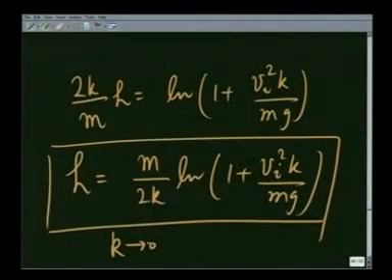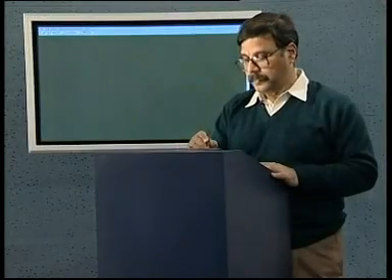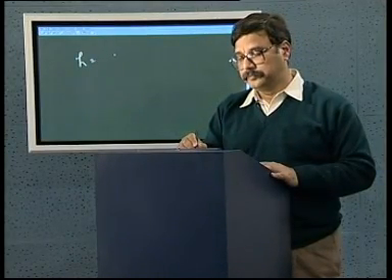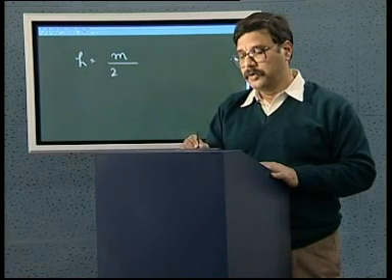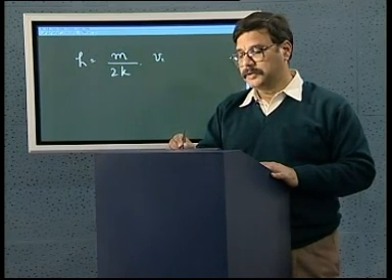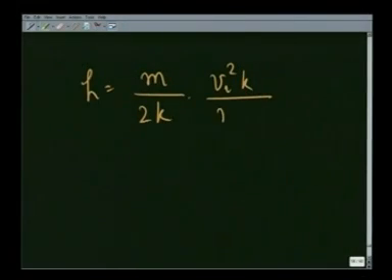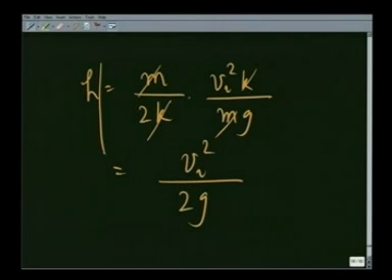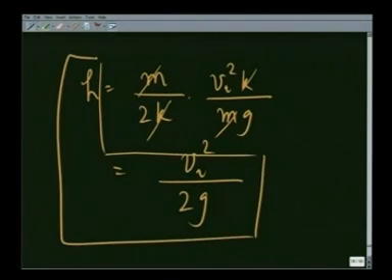Again, I will go back to the limit of k going to 0 and see if my answer is correct. When the limit k equal to 0 is taken, I can expand the log term and write this as vi square k over mg, and therefore the height that I get is h equals m over 2k times vi square k over mg, which is our familiar result from your previous classes.